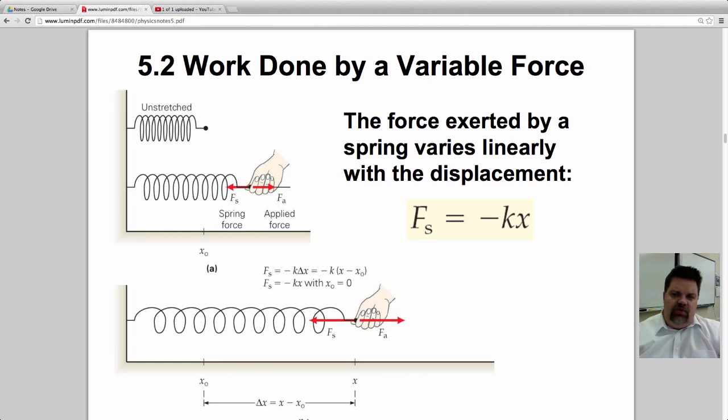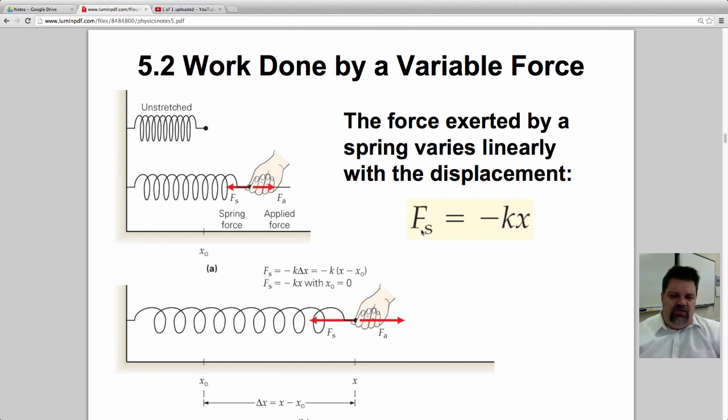Now, a variable force is a force that changes, sometimes at a constant rate and sometimes not. We're going to focus on a change at a constant rate. The force exerted by a spring varies linearly with the displacement. In other words, the further I pull the spring back, the more force the spring applies to an object, wanting it to go in the opposite direction.